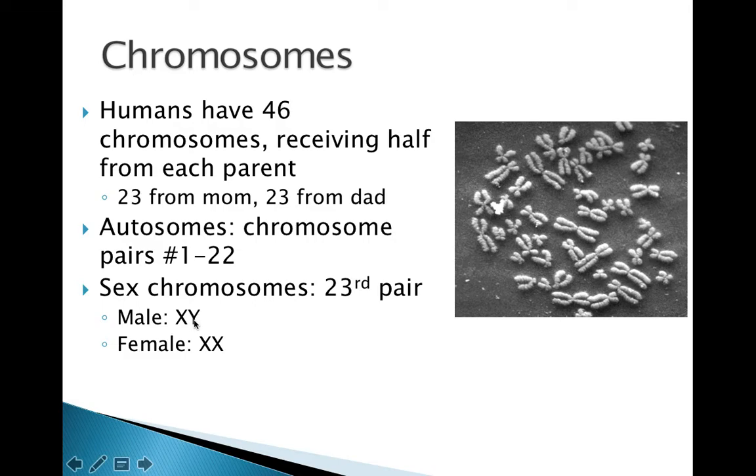Only males can have Y. Females always have two X's. So that means if you're a male, you got an X chromosome from your mom because that's all females have, but your dad contributed a Y chromosome because men produce both X and Y chromosomes. Their sperm could be either or. Females, all of their eggs have X chromosomes on them. So it's always the father that determines whether the baby is going to be a boy or a girl.